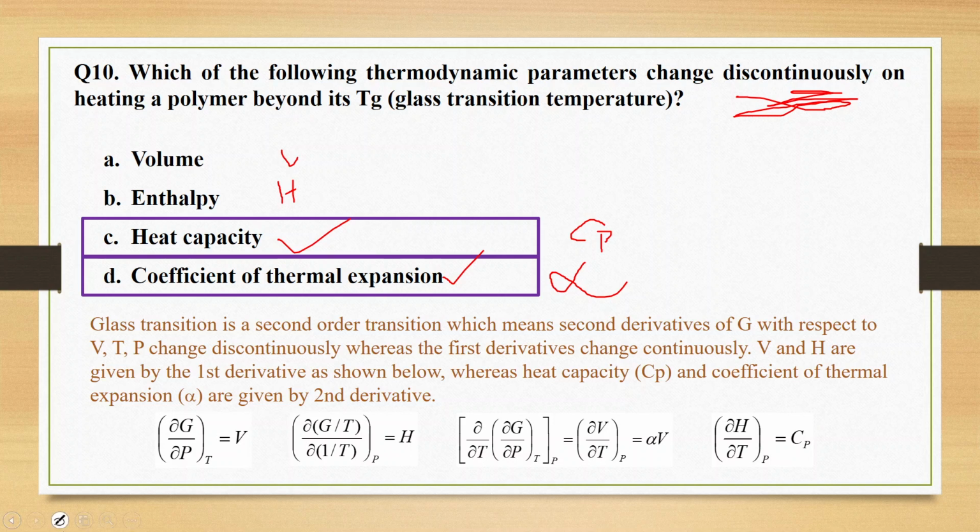It has asked which of the following thermodynamic parameters will change discontinuously on heating a polymer beyond Tg. As we all know, the transition at Tg is a second order transition. So when do we call a transition second order, and what happens in a second order transition?